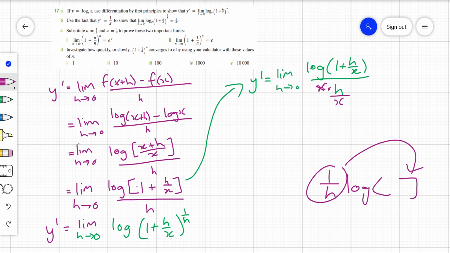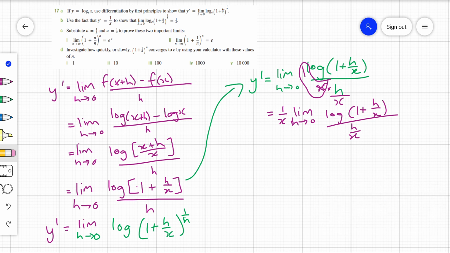So I'm not really changing it, but what I can do then is think of this as 1 on x. I'll put that at the front, 1 on x, times the limit as h goes to 0 of log of (1 plus h on x) on (h on x), like that.